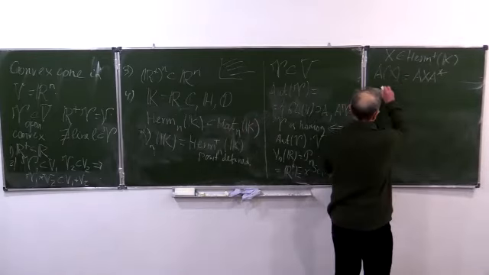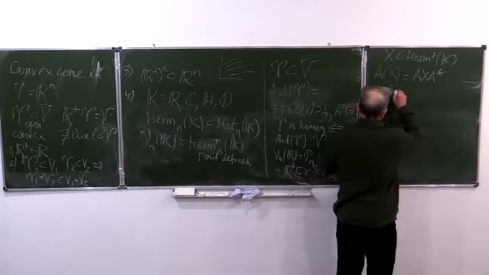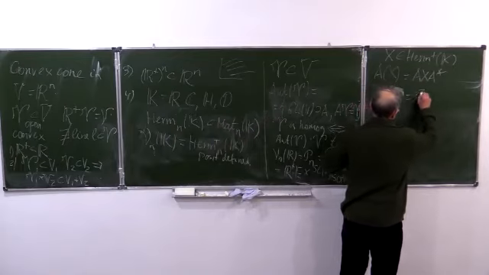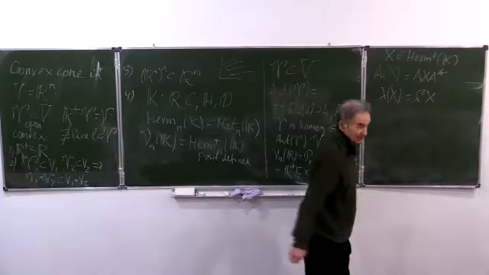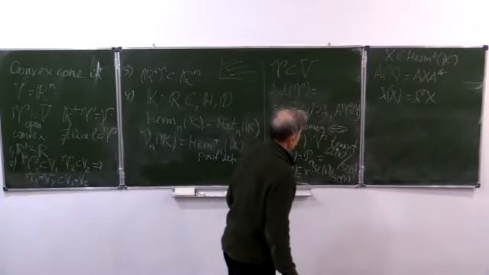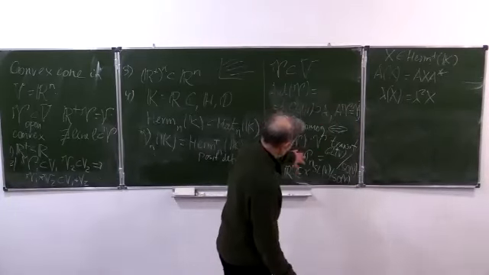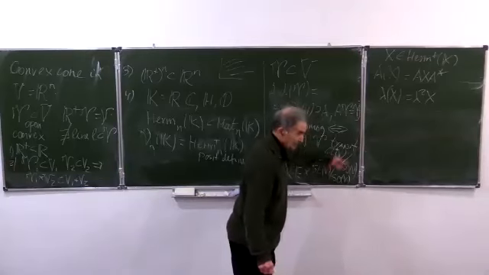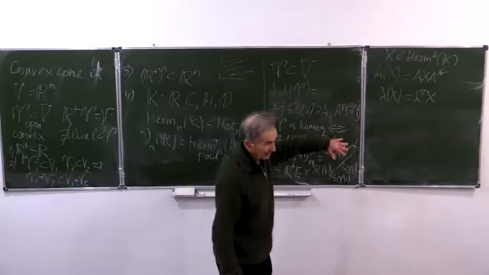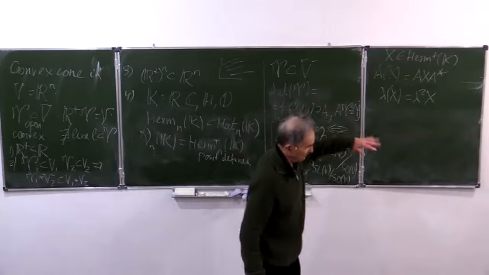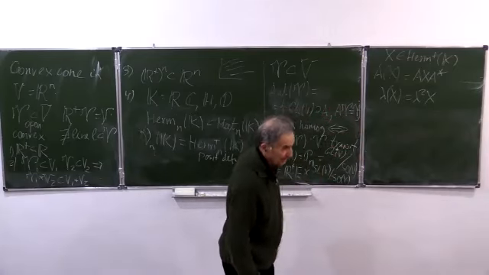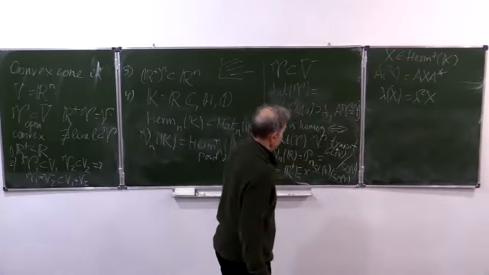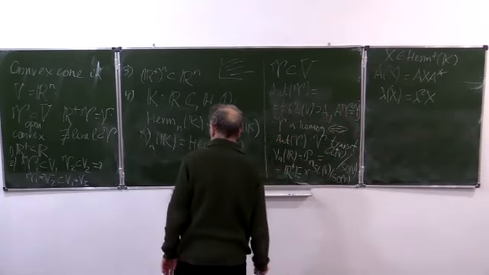For example, lambda applied to X will be lambda square X. The action of SL is also very important, but it defines some hypersurface, the determinant hypersurface, which is very important.